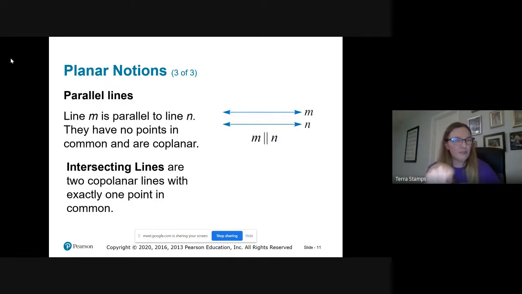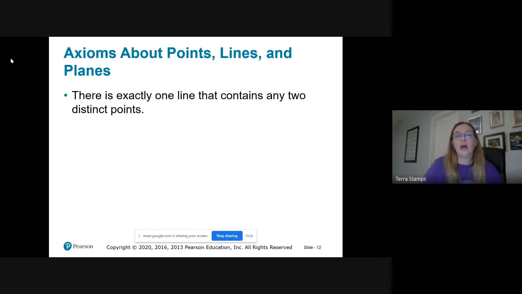Now, don't get that confused with concurrent lines. Those have a point in common, but they may or may not be coplanar. See, all this stuff sounds the same, right? It's really tedious. You really have to know all of the formal definitions of these and know what's coplanar, what's non-coplanar, things like that.